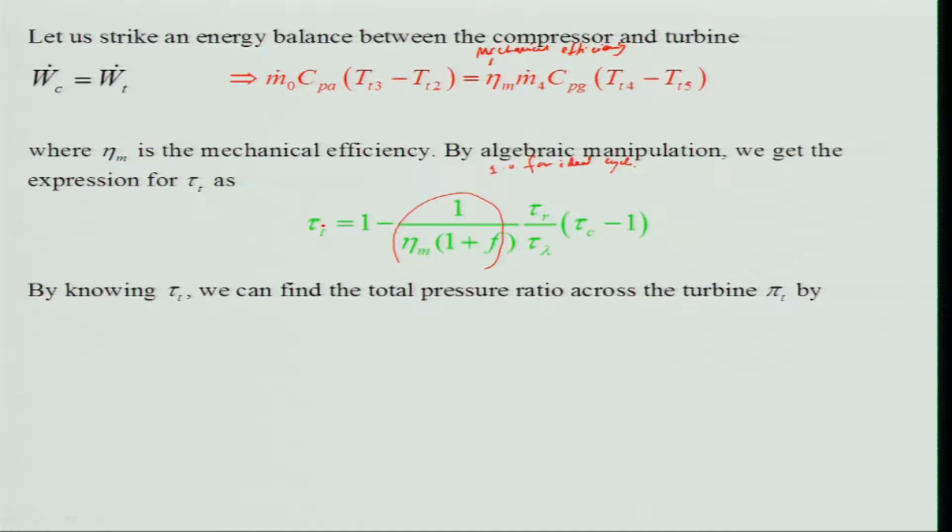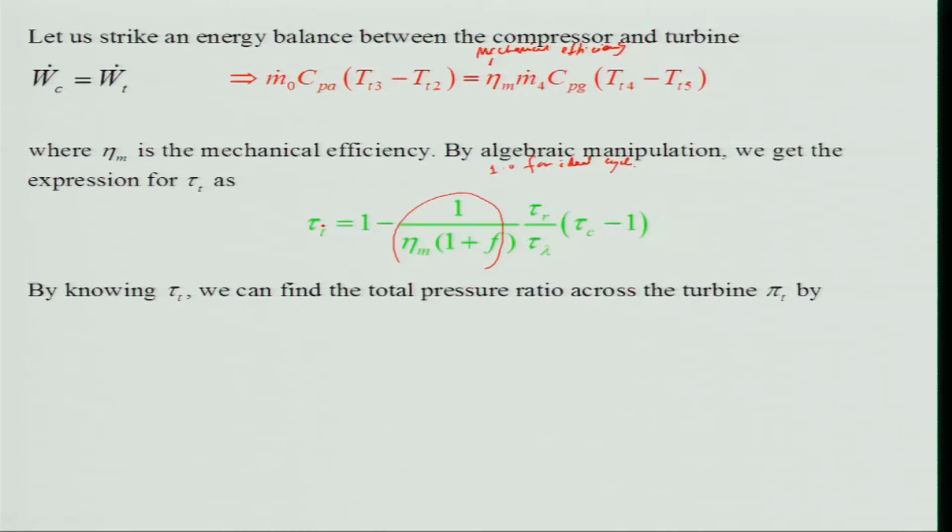If I know the pressure ratio across the compressor, I can get tau c, by using polytropic efficiency, which we had derived in the last lecture. And if I know this, I know tau r from the flight Mach number, and tau lambda I know. So, I know all those things, I can get tau t, and getting tau t we can get pi t, because that is very important.